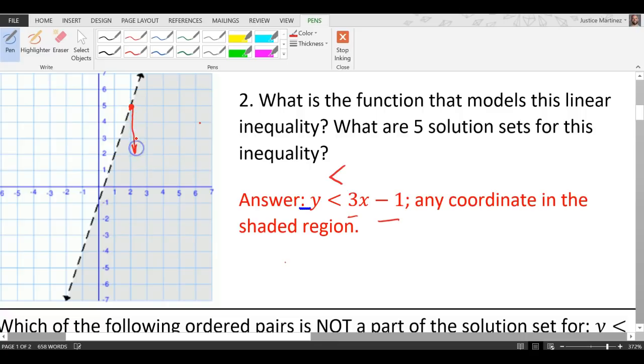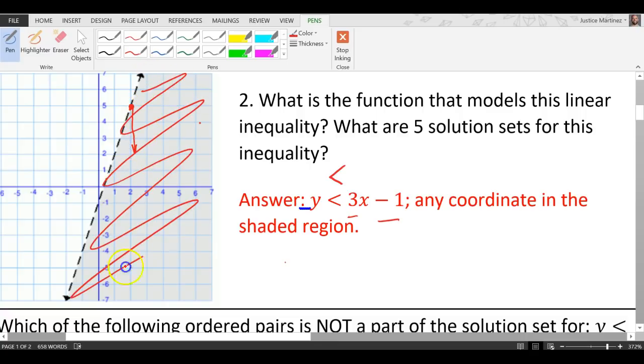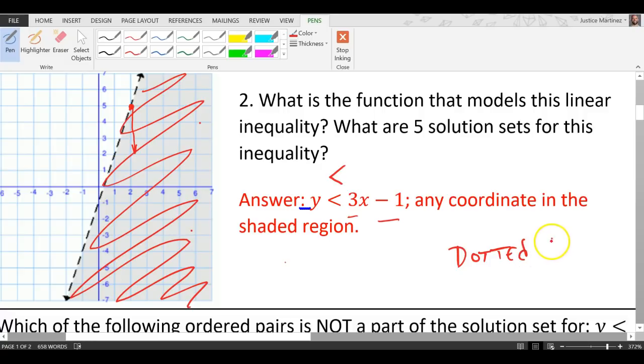Under, I shade downward, which means I'm shading underneath it. Now, if it were facing the other way, I would have done the same thing, but drawn an arrow upward. And the last thing is it is a dotted line, which means it is not less than or equal to or greater than or equal to. If there's a solid line under, it is a solid line. Great.